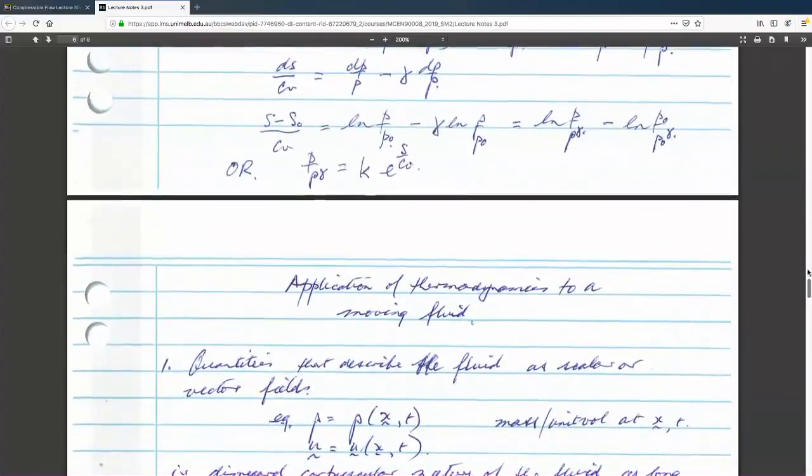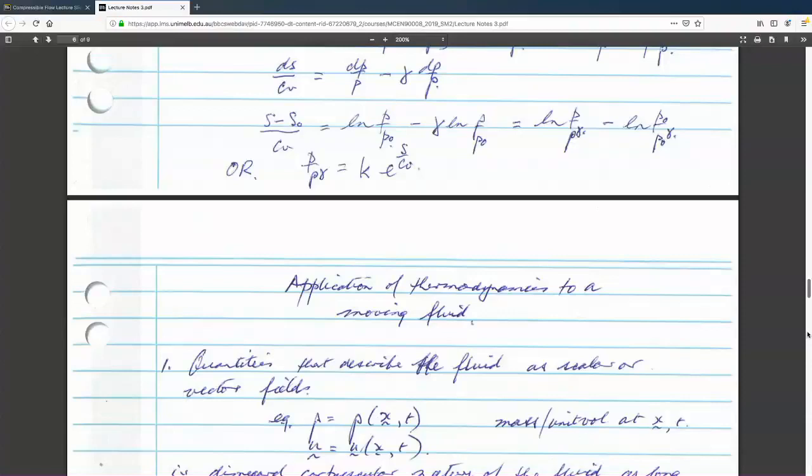So you can see immediately that for a perfect gas, if the entropy is constant, P on rho to the gamma is a constant. You saw what I did before when I had that Carnot cycle, and I said it's adiabatic on the side, and we'll make it isentropic because we'll make it reversible.